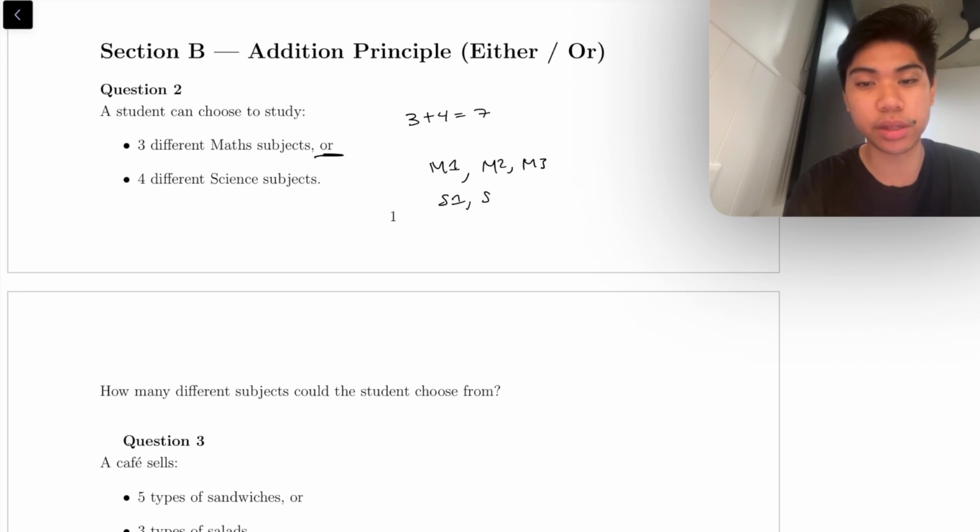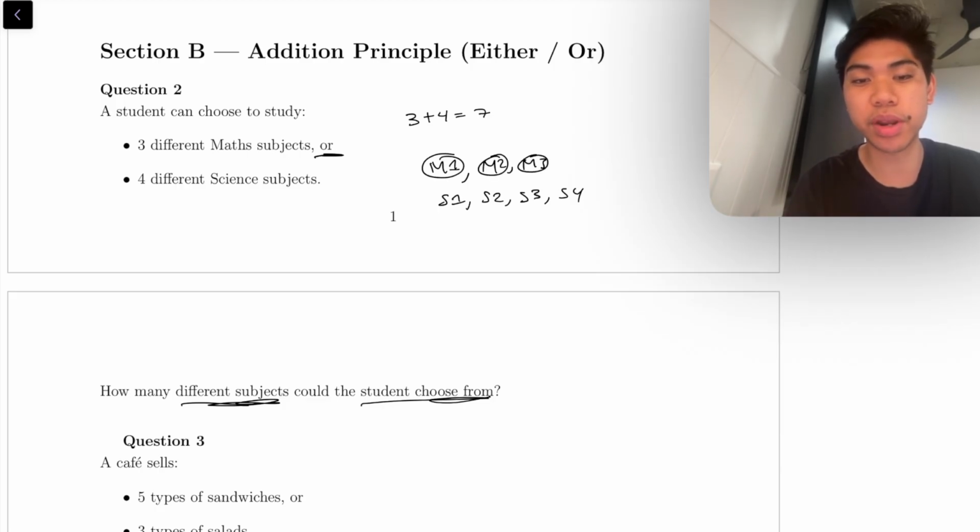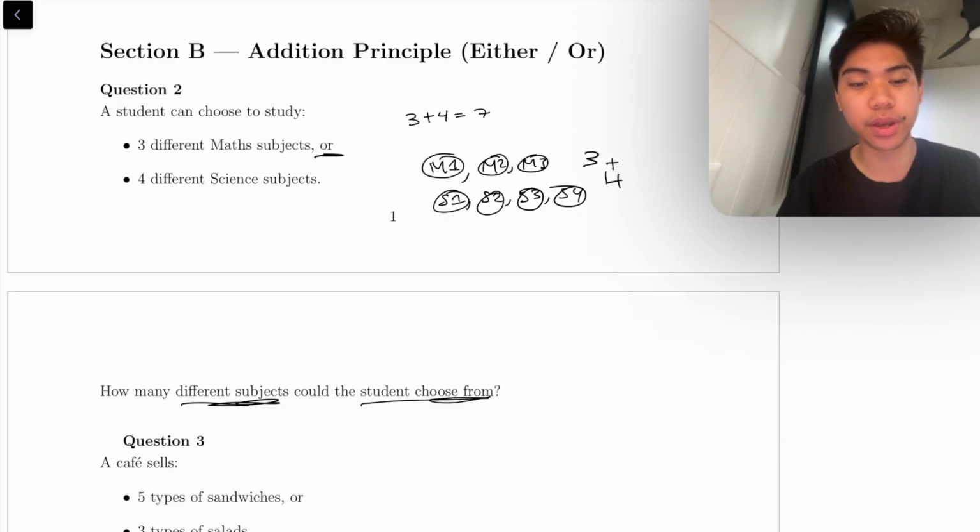Okay, and this is assuming that we can only study one subject, right? So how many different subjects could the student choose from, right? We have 1, 2, 3 math subjects, 4, 5, 6, 7 subjects in total to choose from. Okay, so that's why we would add these 2 numbers together.